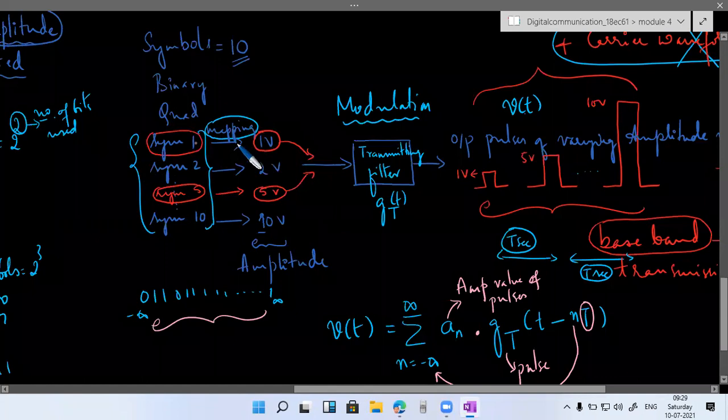Let's assume that I have 10 symbols, symbol 1, symbol 2 till symbol 10, and I can map all these symbols onto a specific amplitude value.